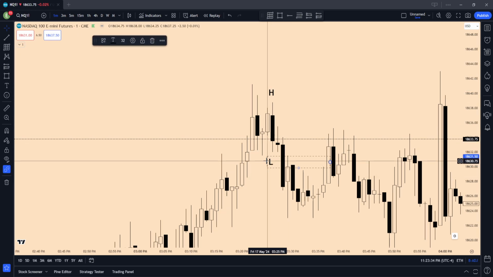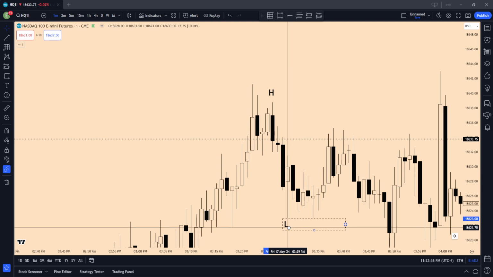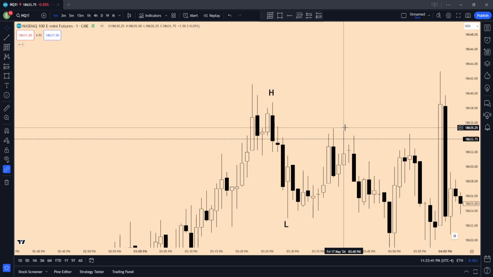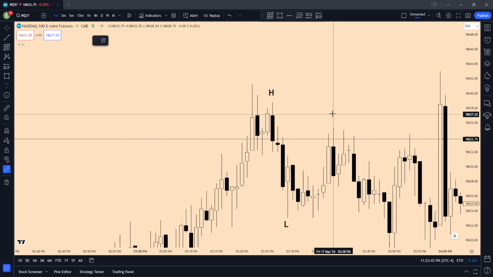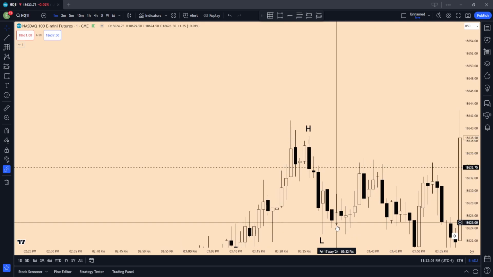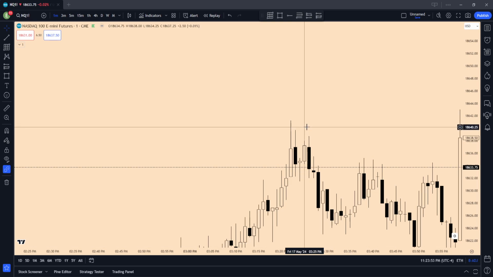Okay, sorry, over here this is the lowest point, you create a low, and then you have a lower high right here, a lower high. So before I continue, I need to explain what a swing point is.